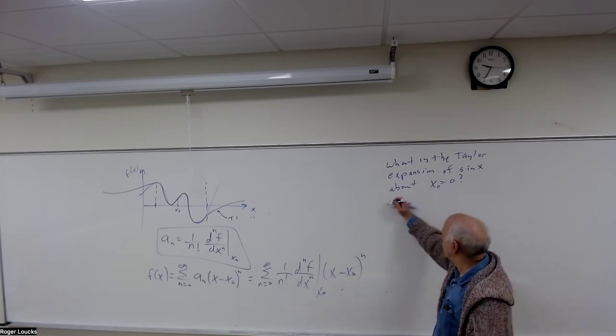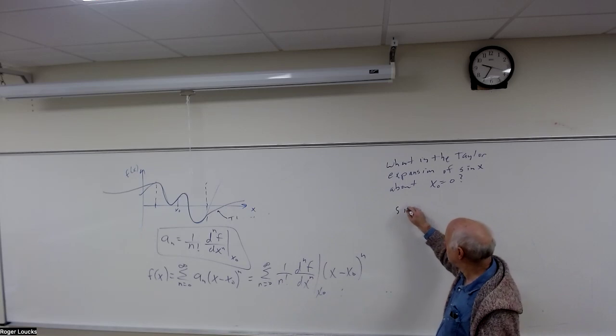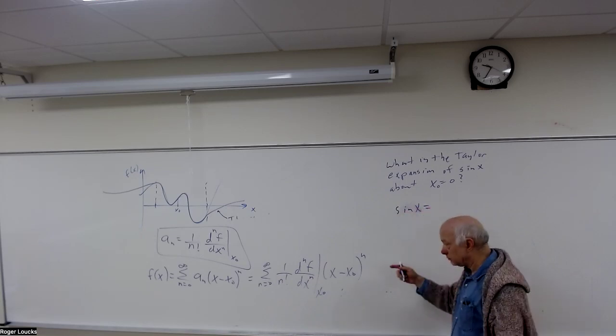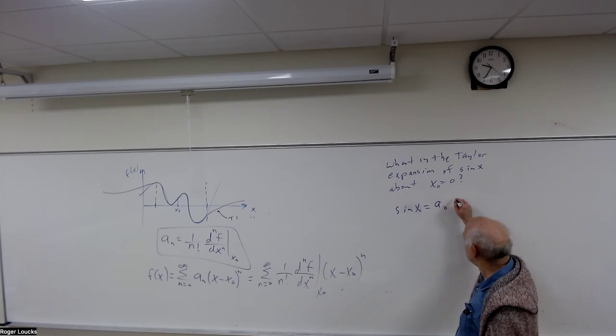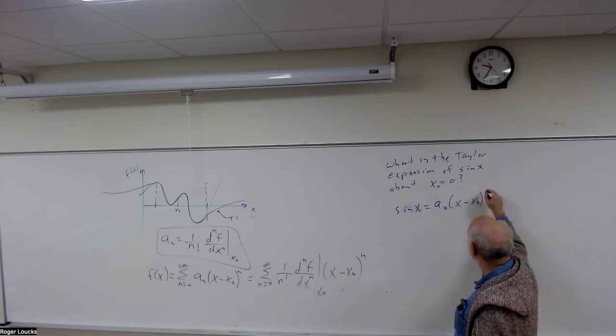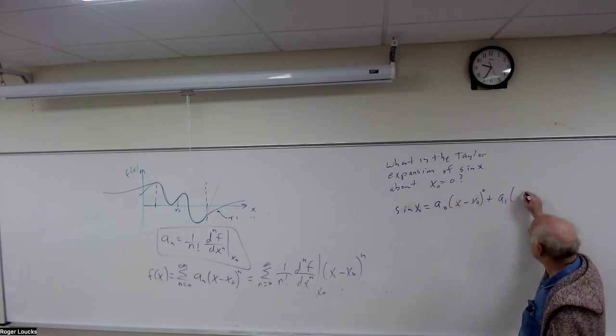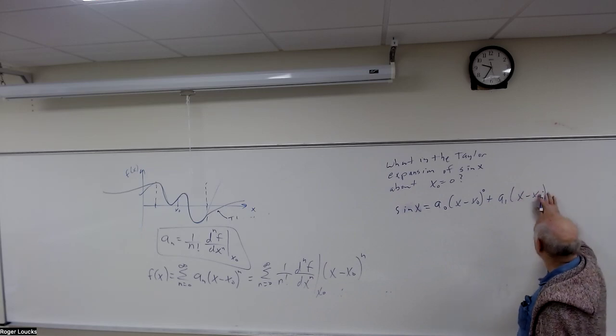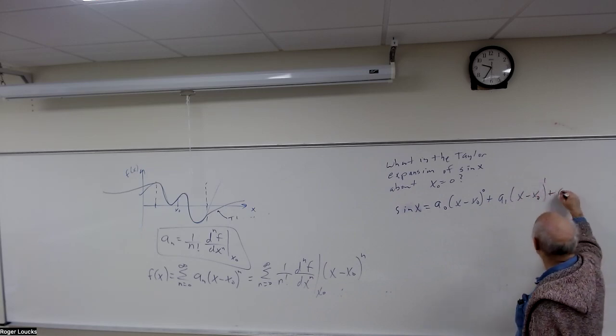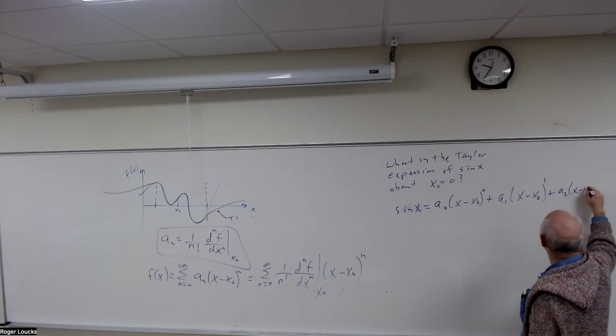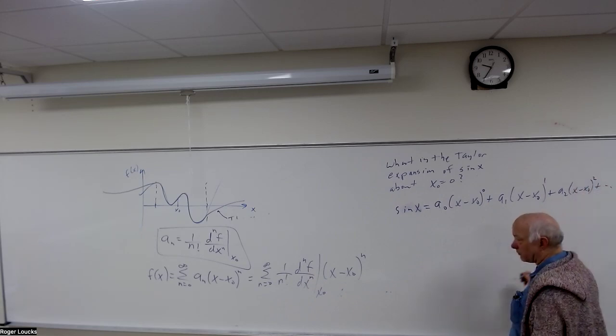What is a0? If I want sine of x, it's going to equal what? It's going to be a0 times x minus x naught to the 0 power, plus a1 times x minus x naught to the first power, plus a2 times x minus x naught squared, and so on and so forth.